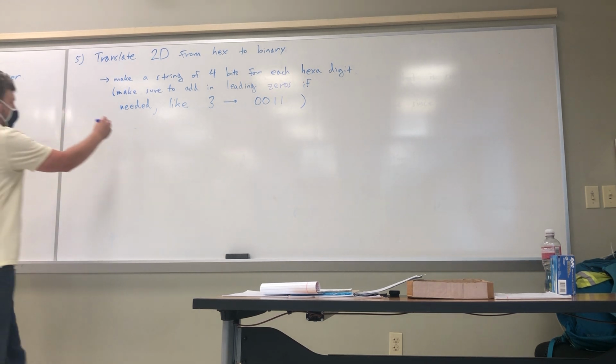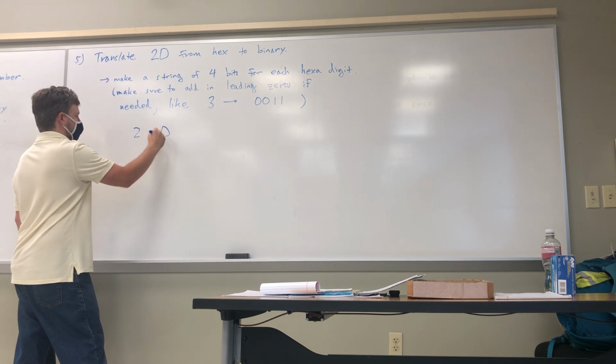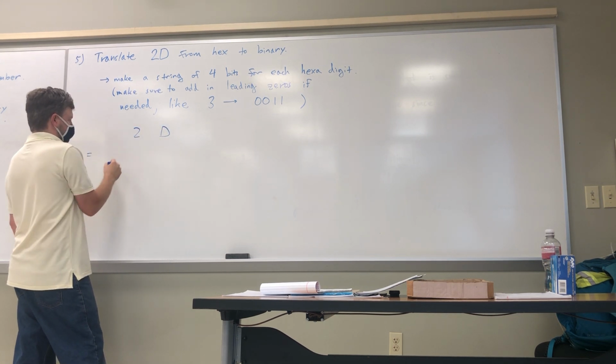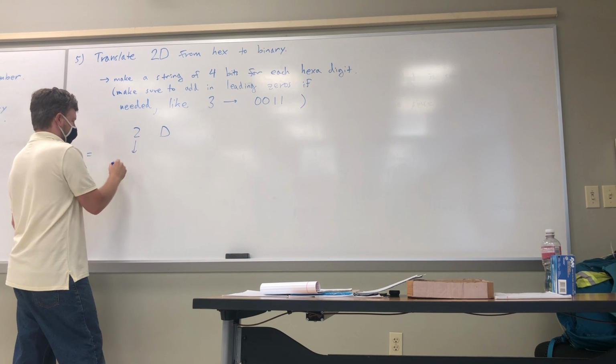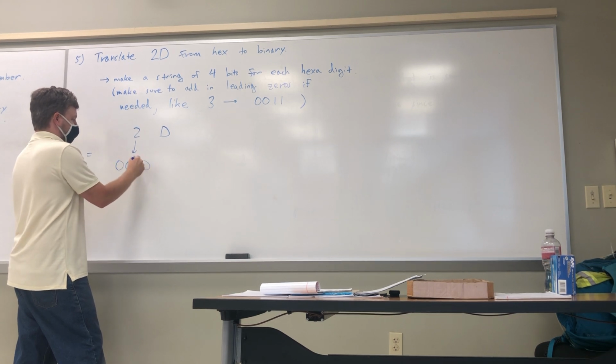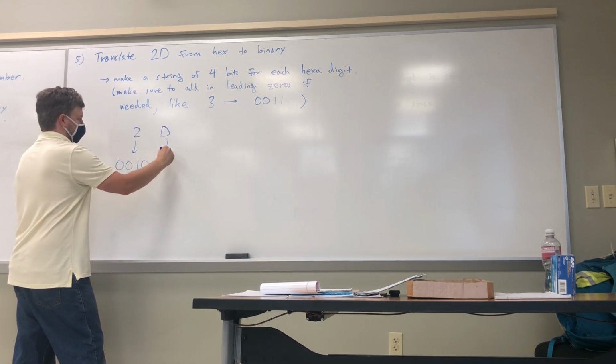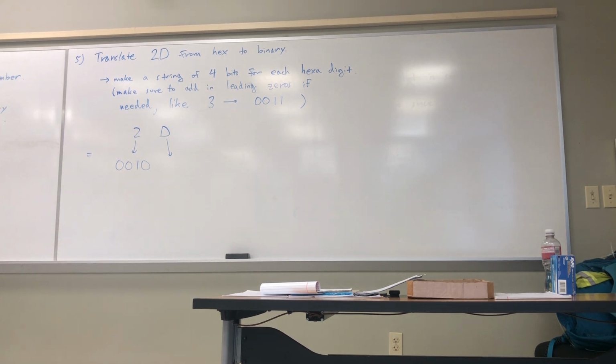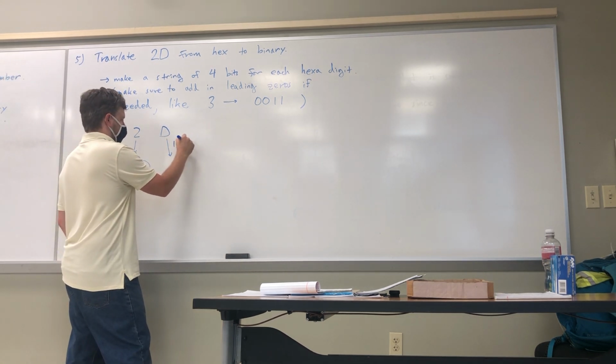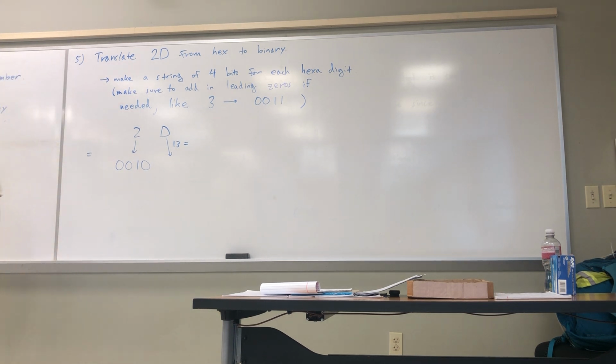So for this one, I'll have a 2D, and so the 2, I will make it into 0, 0, 1, 0, and the D, I gotta look over here, it's 13. So now I have to do another little small translation to binary.